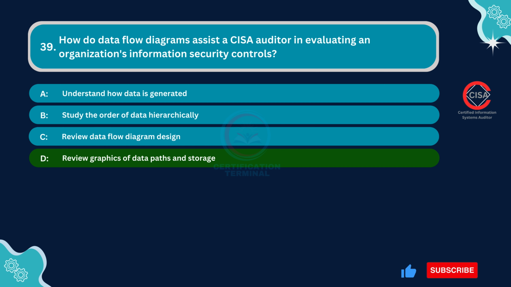By studying the data paths illustrated in data flow diagrams, auditors can identify potential weak points or bottlenecks in the flow of data. Data flow diagrams allow auditors to understand the scope of data flows within an organization's systems. Reviewing the design of data flow diagrams is essential for auditors to ensure their accuracy and completeness.